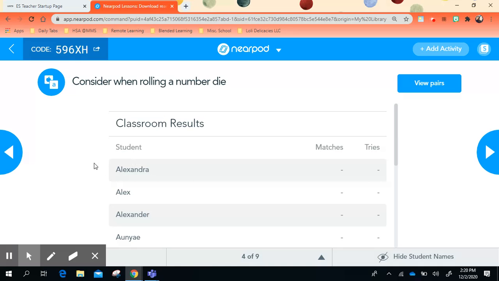And while I wait for everyone to make sure that they're joining, go ahead and start your matching. You have 3 matches. It's all probability based off of a 6-sided number cube. So you're basing your answers off of a 6-sided number cube.